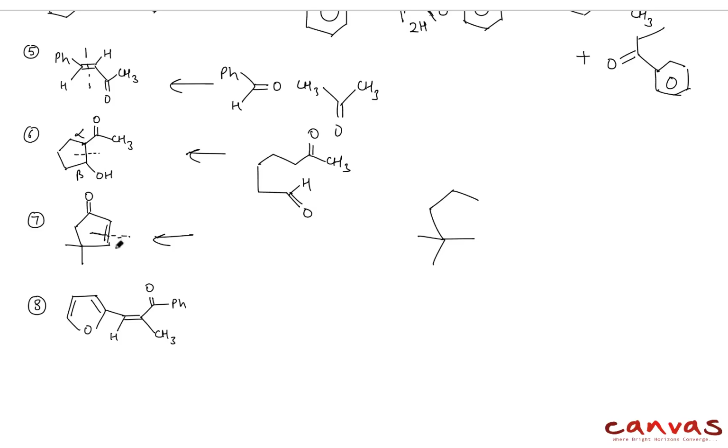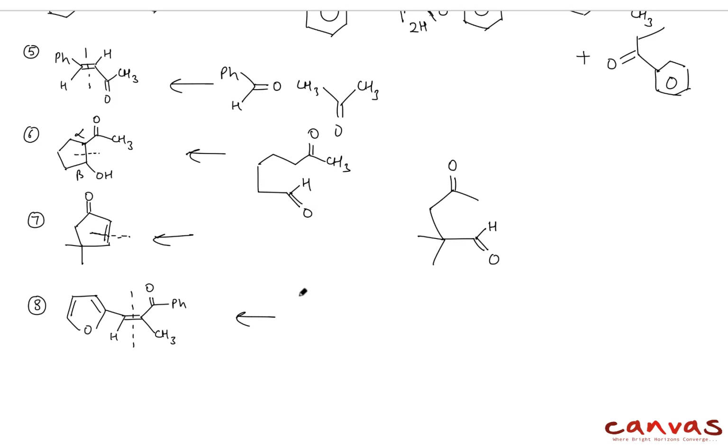So, beta position is always the one where hydroxy was. You have removed OH from here while dehydration. So you just put back that OH or that keto group. And this carbon has 3 bonds. To complete the valency, just add hydrogen. So this is the dicarbonyl.